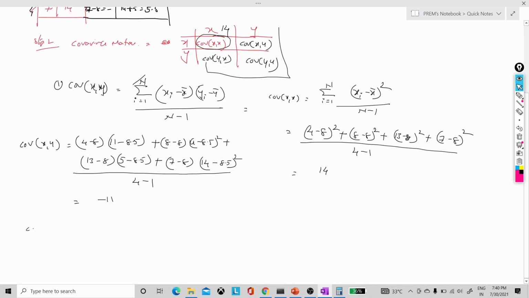Similarly, covariance of yx will be the same, so covariance of xy and covariance of yx will both have the same answer. So covariance of x and x is 14, covariance of xy is minus 11, covariance of yx is minus 11.